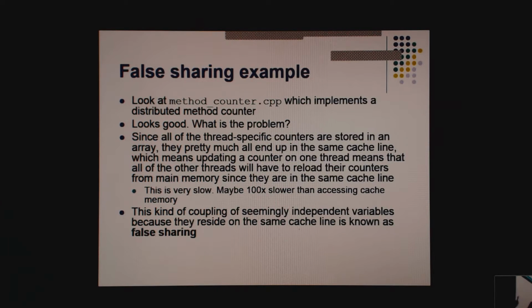This coupling of seemingly independent variables that reside on the same cache line is known as false sharing.